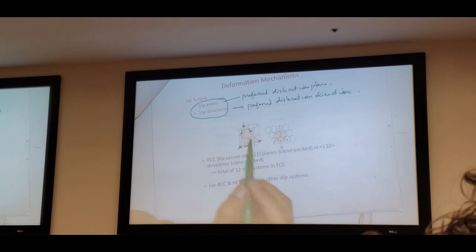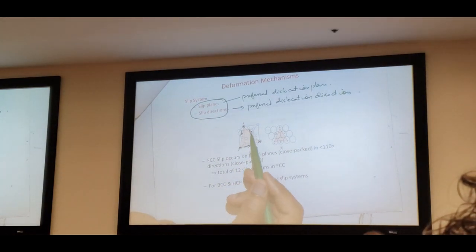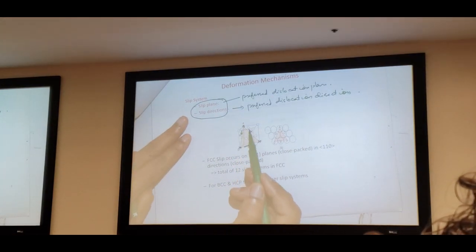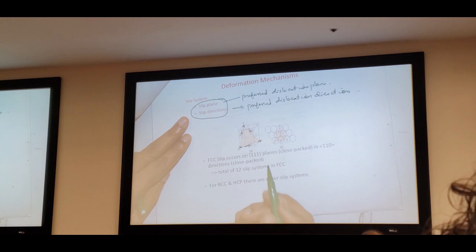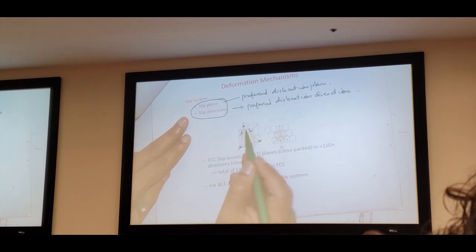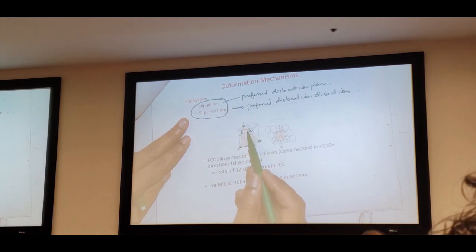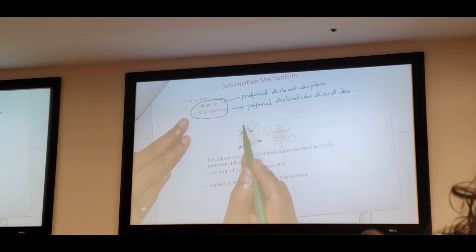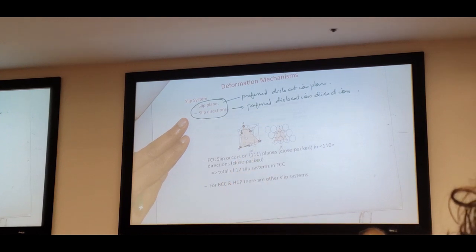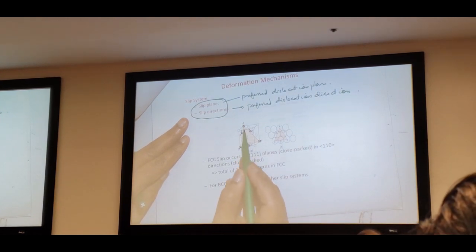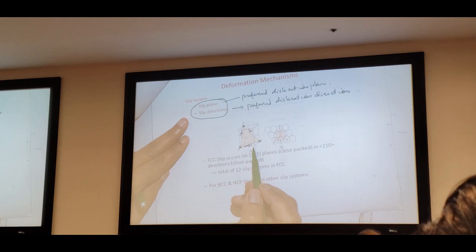Okay, so what does that mean? This is a slip plane, and for each slip plane there can be 3 directions. One plane, there can be 3 directions.